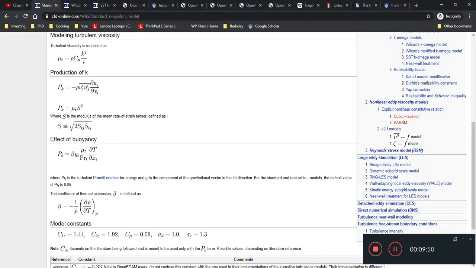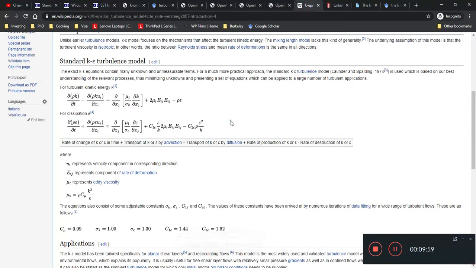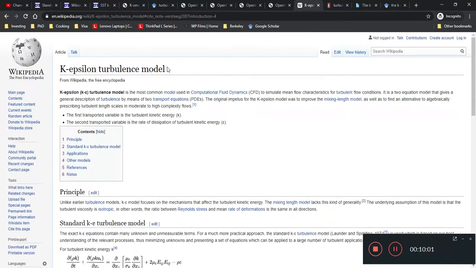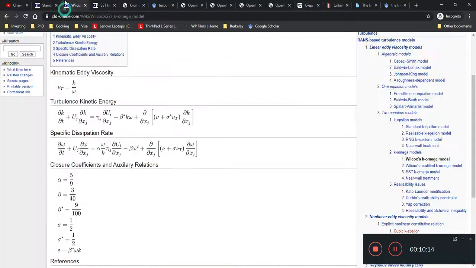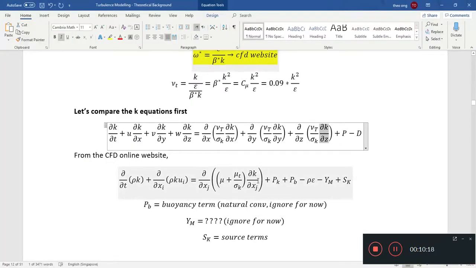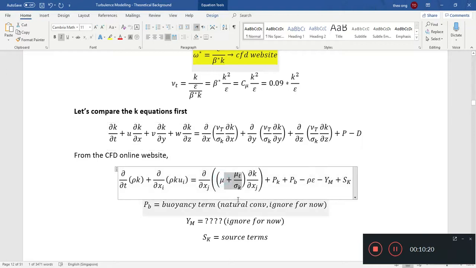Okay, so this is the form you will see in the textbooks, some of the theoretical textbooks. Even if you take a look at the Wikipedia version of the K-epsilon turbulence model, they won't seem to have this dynamic viscosity here. I mean the normal dynamic viscosity, that is not the turbulence one, and it can be quite a bit of confusion, but don't worry, we're going to sort that out very shortly.